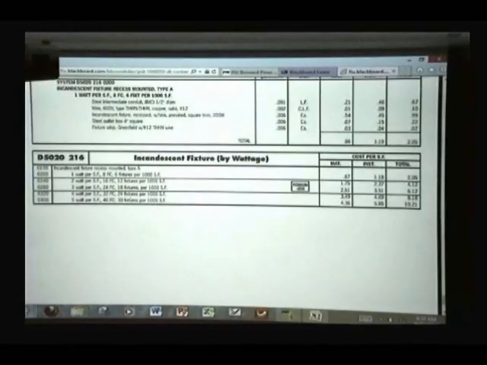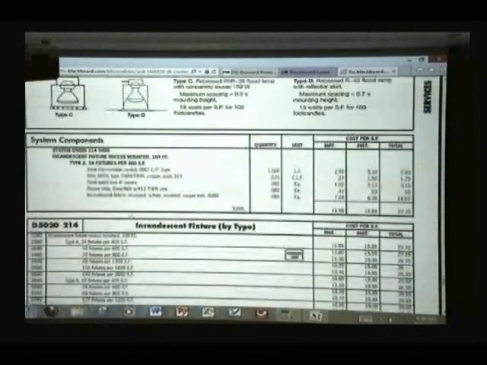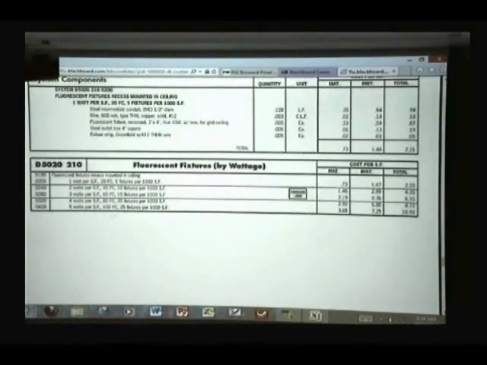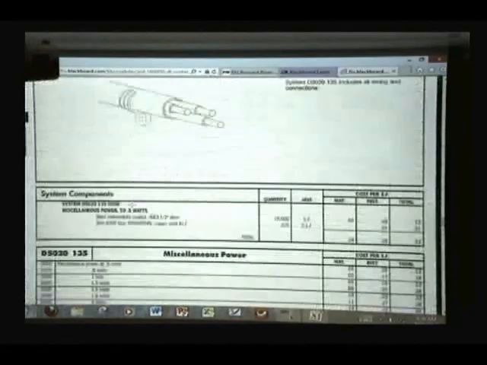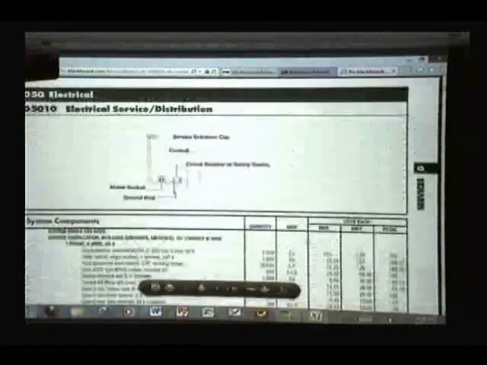It tells you how many watts per square feet you need, and then how many fixtures per 1,000 square feet. Okay, so that's the source of information that we have here.